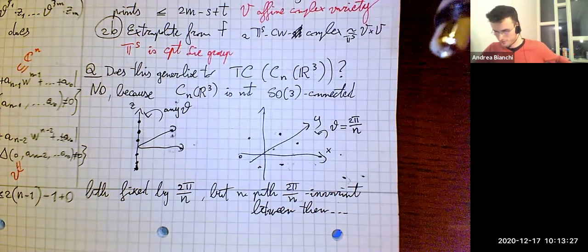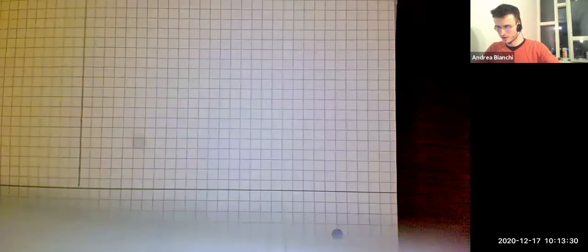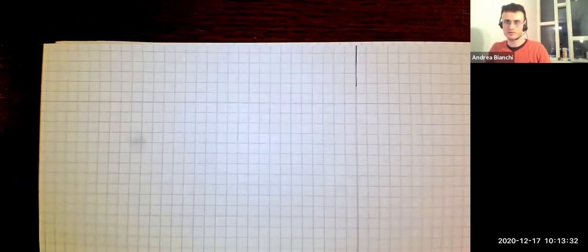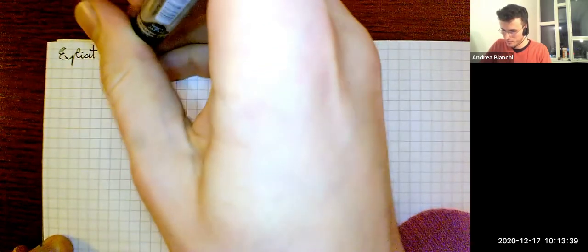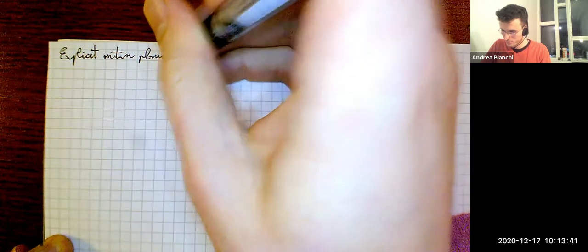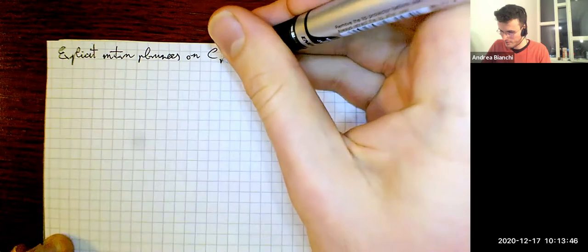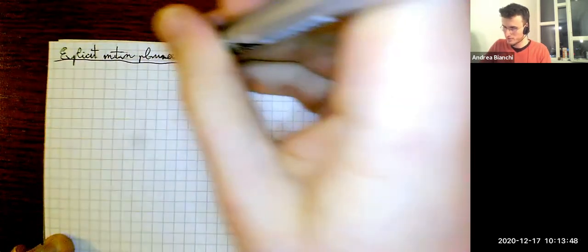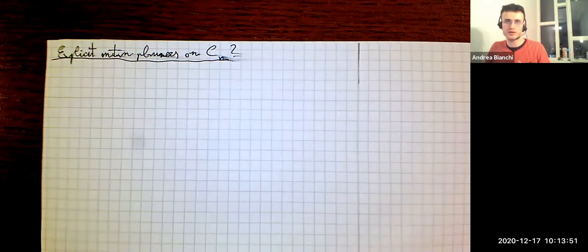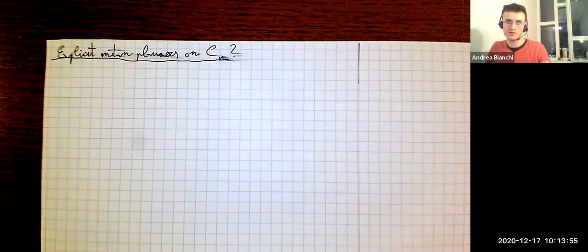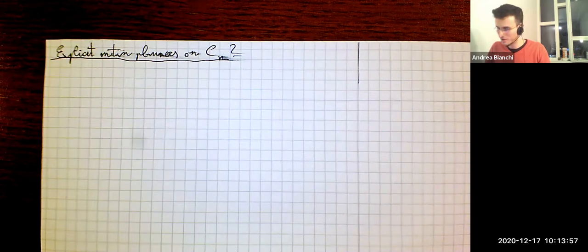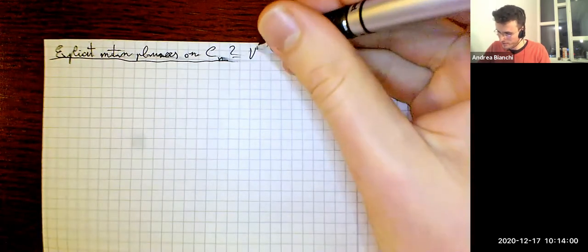I couldn't do it. And let me also say a little about explicit motion planners. So do we get an explicit motion planner on Cn by reading carefully the proof and by doing concretely what is supposed to be done? Well, also here the answer is not quite.